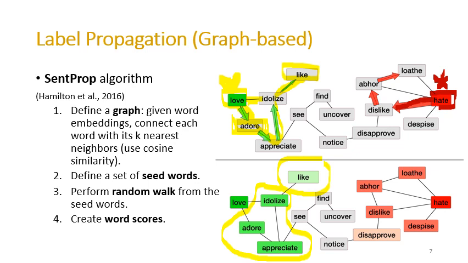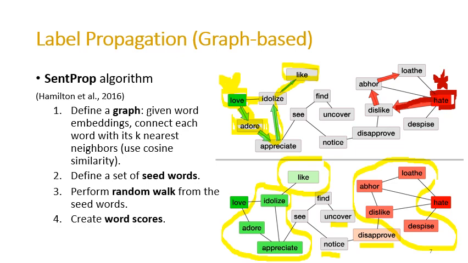And these words, loathe, abhor, dislike, and despise, are more negative than disapprove or notice, uncover, find, and so on. So based on the positive and negative score obtained by the random walk, you can get the average positive or negative score for all the other words.